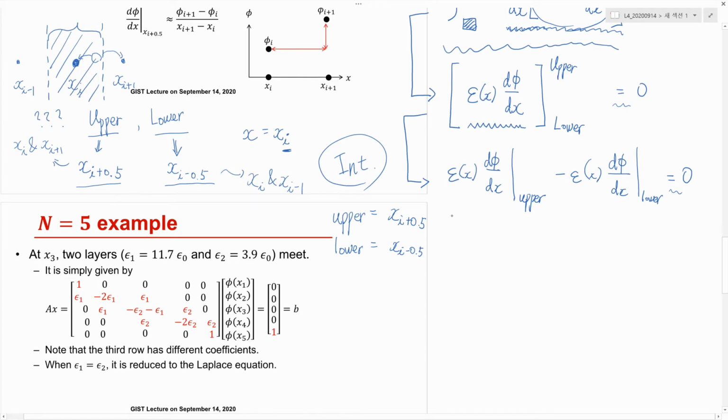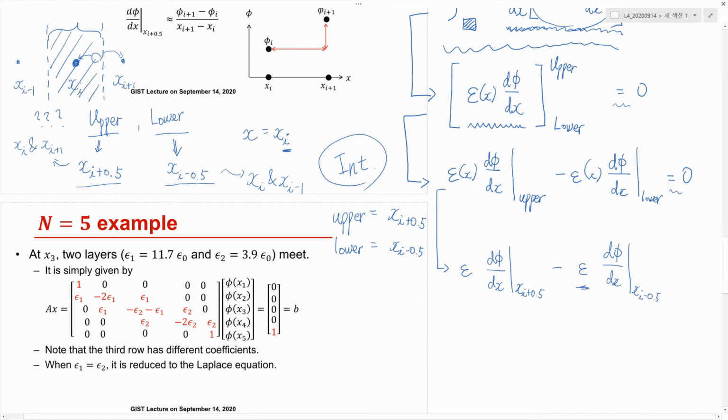Then this integrated form becomes epsilon times d phi dx evaluated at x sub i plus half, minus epsilon d phi over dx evaluated at xi minus half.